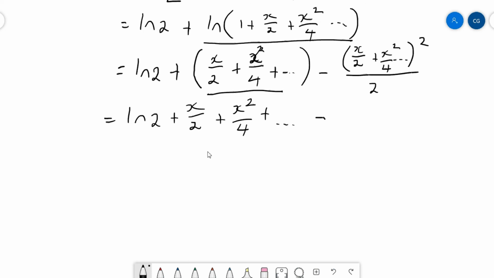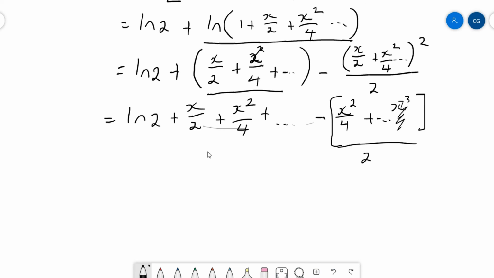minus. Now, if we were to square this bracket, so just imagine two of these brackets multiplied. So x over 2 is going to multiply, and this is going to give me x squared over 4. Of course, all of this is still over 2. Plus, now if I were to multiply these, I would get an x cubed. And at this stage, we are not interested in an x cubed because we only want the first three terms.